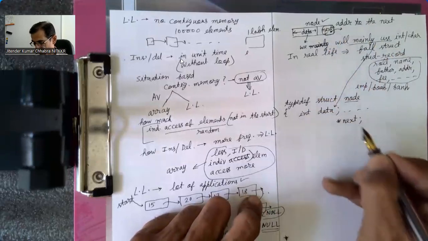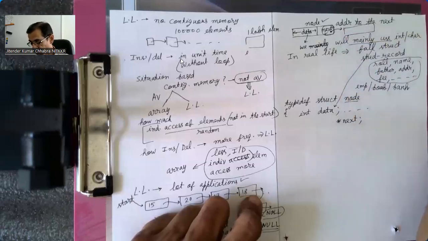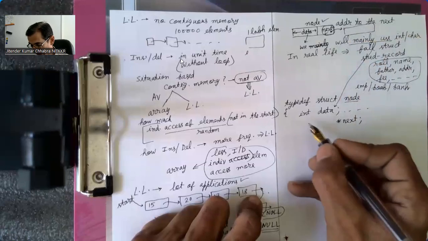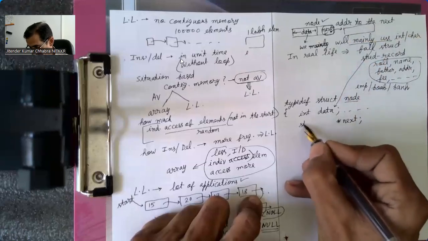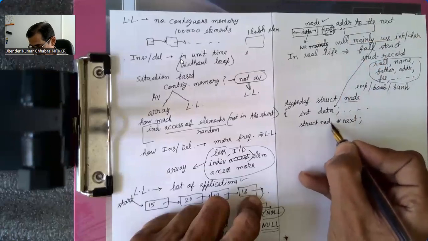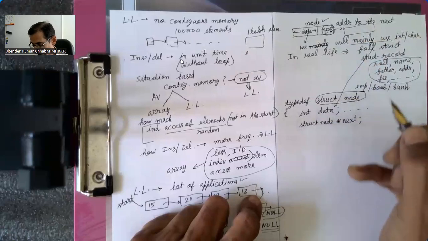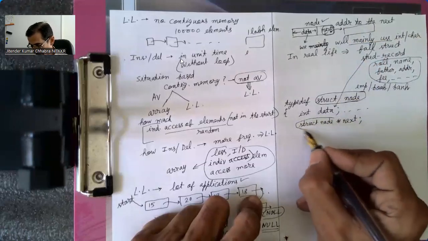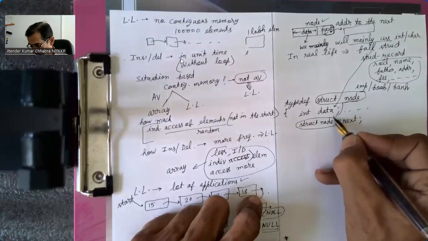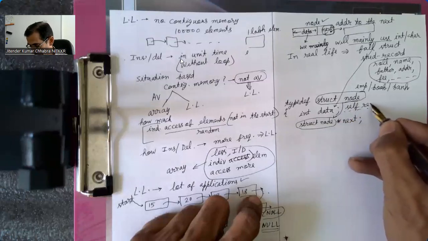Next is a pointer to whom? To another node. So I will actually write again struct node. Struct node we were starting to define and declare, and the same struct node is reused here. So this is called a self-referential structure.